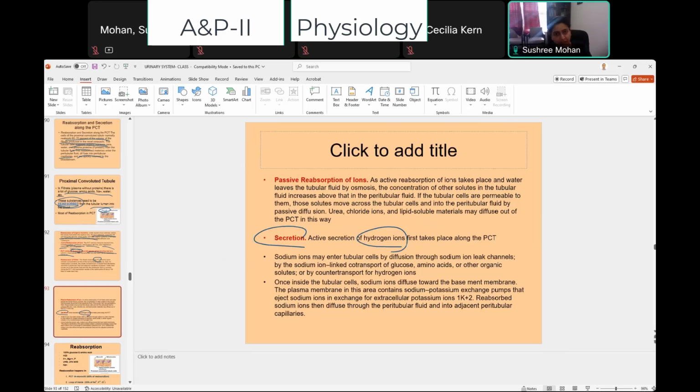We don't need potassium ions. Those are secreted into the tubular fluid to be added to the urine. The sodium ions may enter tubular cells by diffusion through sodium leak channels, and they are tagged up with glucose, and by counter transport of hydrogen ions, in exchange for hydrogen ions, they are sent back into the system.